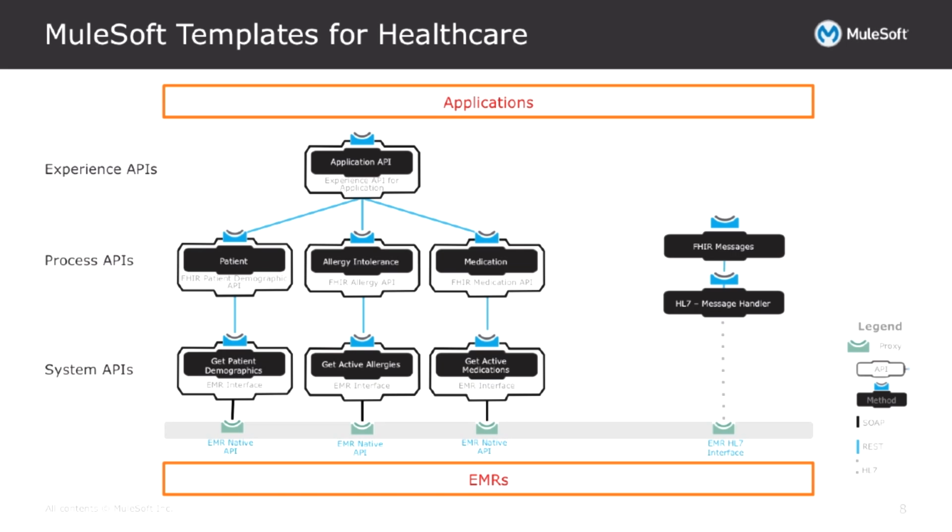The HL7 message handlers, on the other hand, subscribe to the HL7 message feed that the EMR publishes. Once a message is received, the HL7 templates transform it into XML, identify the type of message, and can easily do content-based routing or other types of routing to convert those HL7-based messages into FHIR resources.